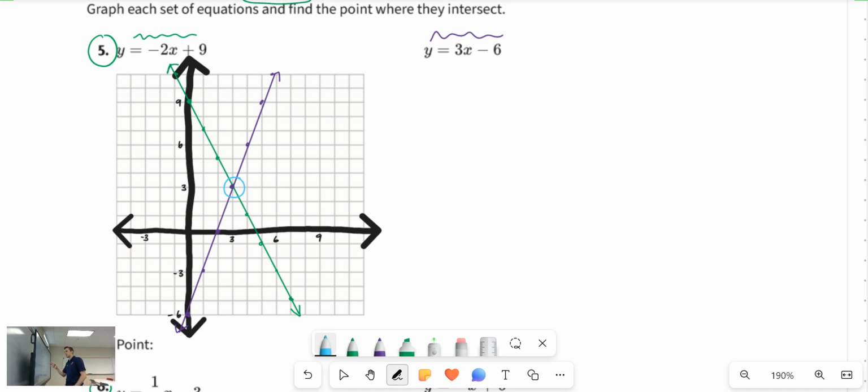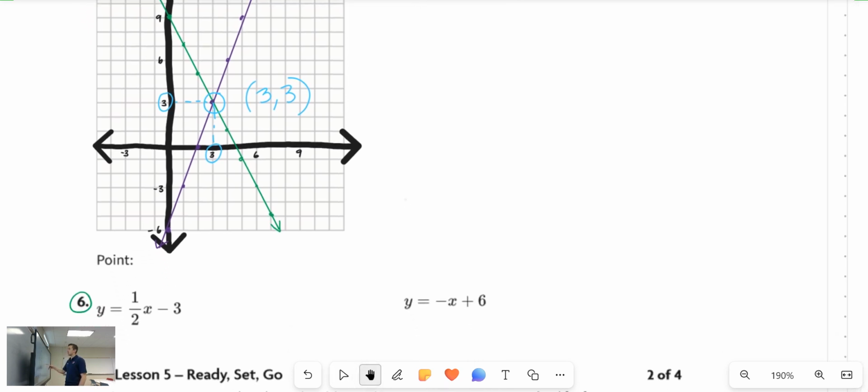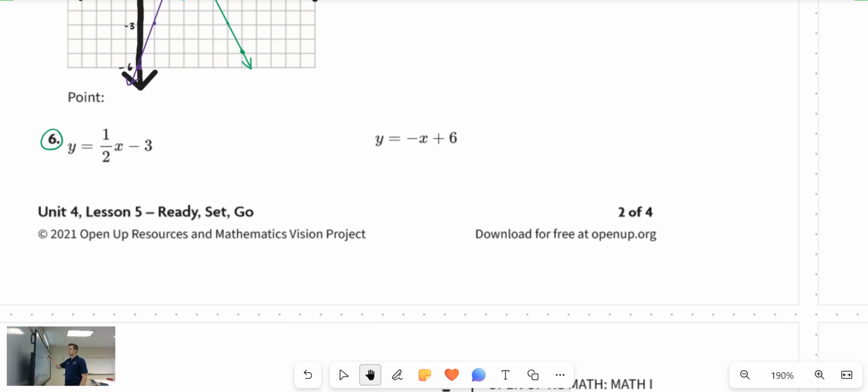It is perfectly on a point, and it looks like the point is 3, 3, right? 3 is right here, 3 is right here, and if we were to draw out from both of those, we would get to that point, 3, 3. So that is our solution. That's the intersection point for those first 2 equations.